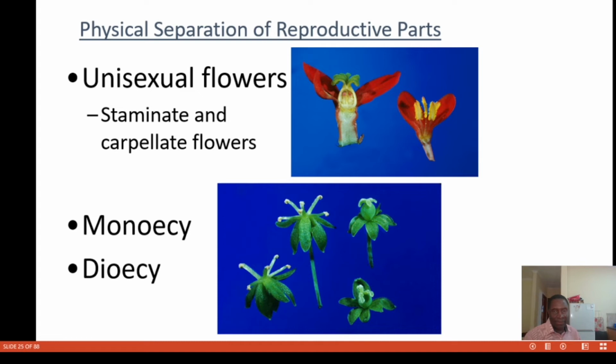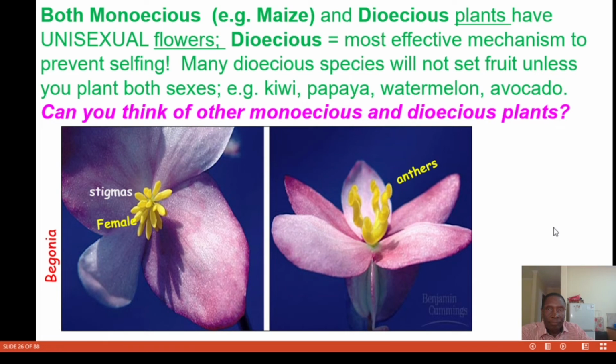Staminate and pistillate flowers. And this condition is monoecy or dioecy, monoecism or dioecism. So we recognize here that both monoecious, like in maize, and dioecious plants have unisexual flowers. Remember, monoecious and dioecious have unisexual flowers.